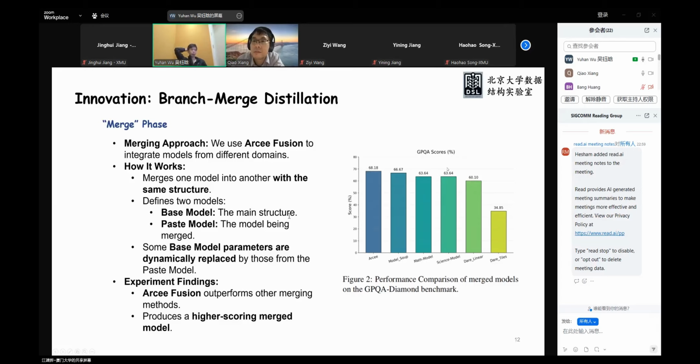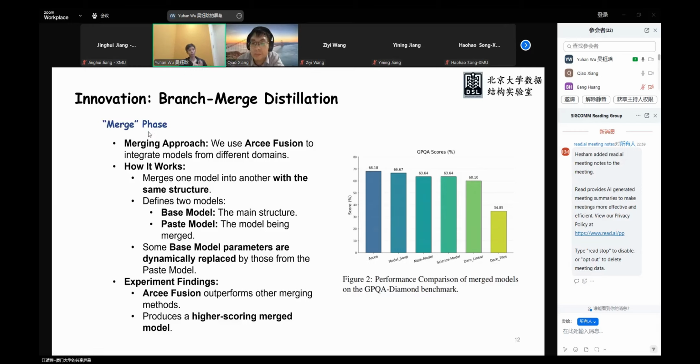A better way is to test all 3 scores: GPQA, math ability, and coding ability. But at that time, the science ability was the weakest.